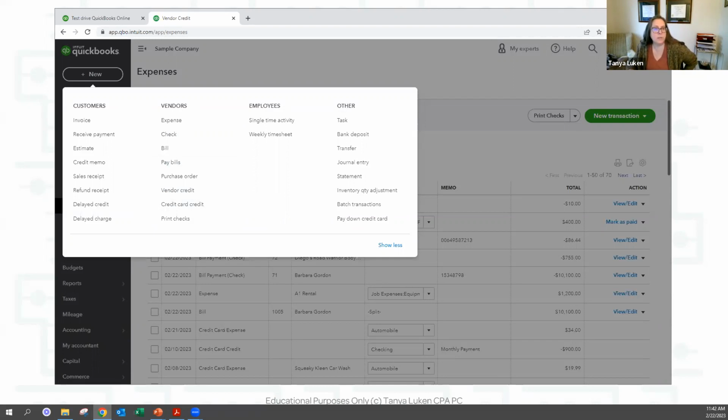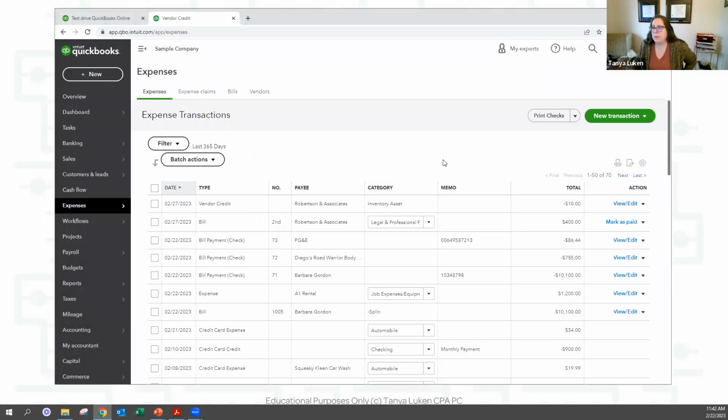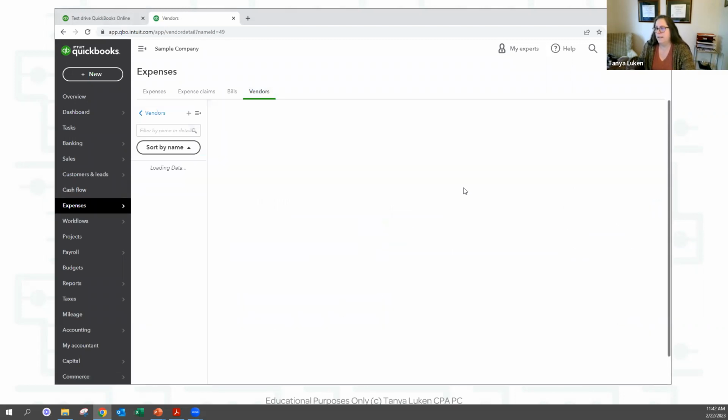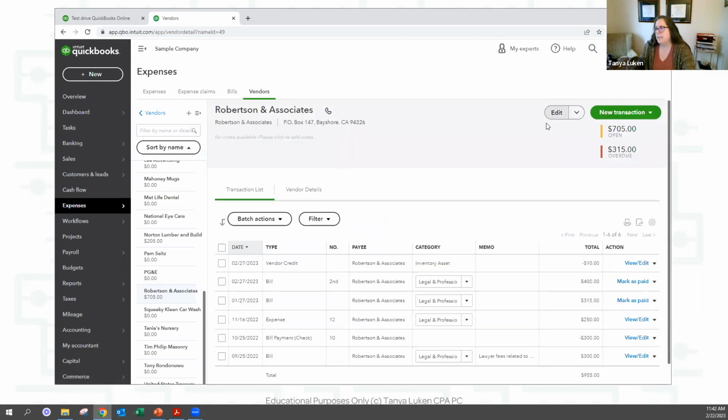Okay, so there's a question: do discounts in dollars from vendors go under the vendor credit? It depends on why you're getting the discount. If it's a term discount, like 2% net 30, for example, you would have to set that up in your vendor. So give me just a second.